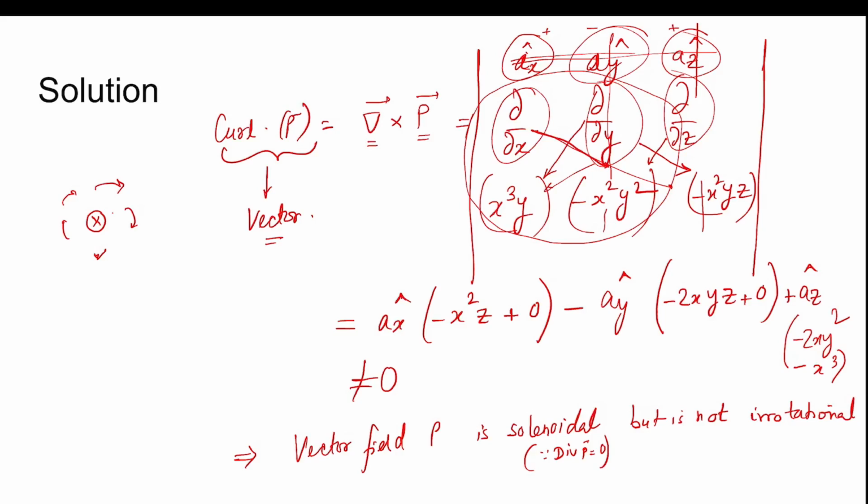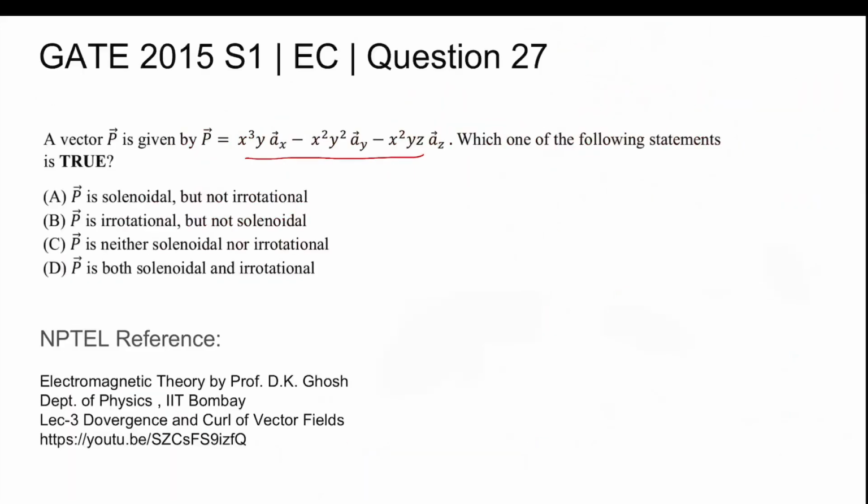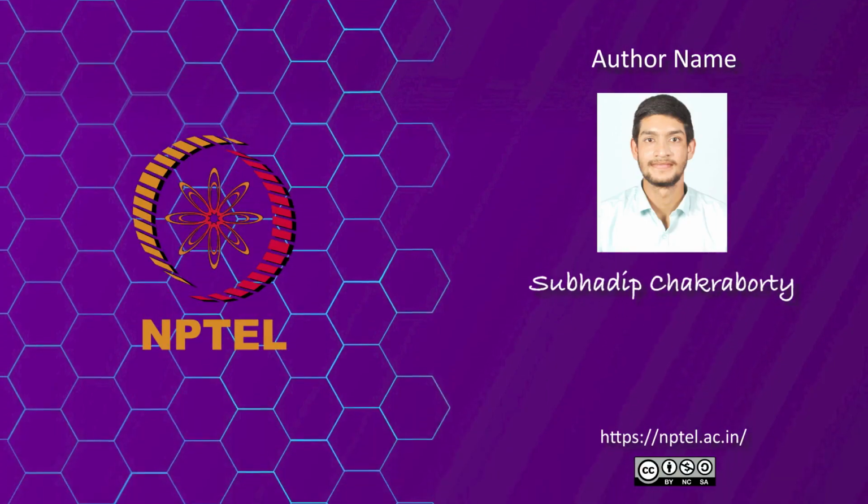But the curl is non-zero, so it is not irrotational. Solenoidal but not irrotational is the answer, so the answer is A. A is the correct option. Thank you.